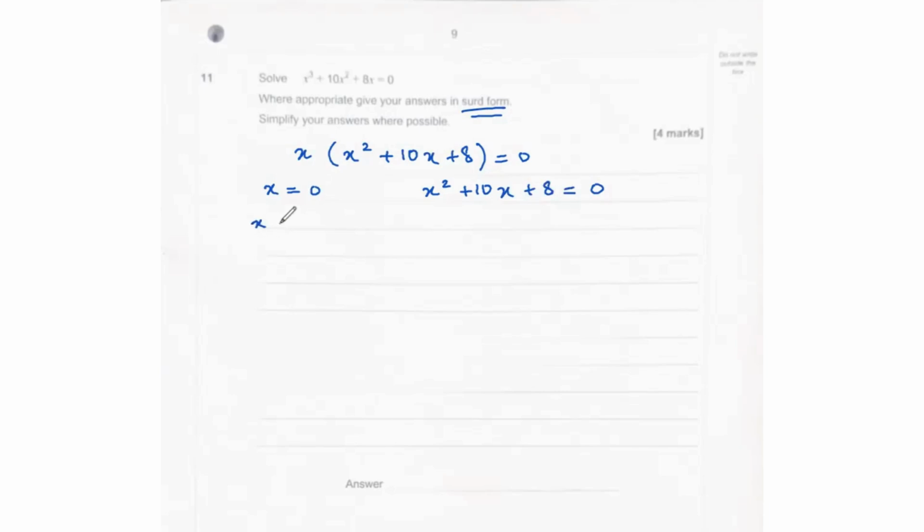So x equals -10 plus minus root of 10 squared minus 4 times 1 times 8, over 2 times 1. That's -10 plus minus root of 100 minus 32, over 2.